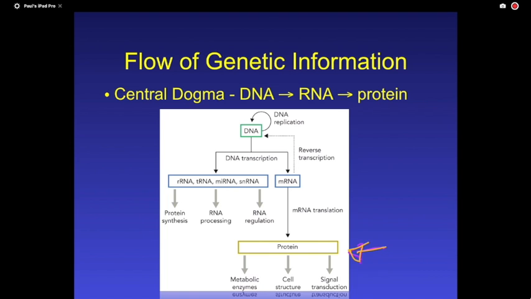But now we know gene product can be a whole host of things. Any entity that has biological significance that is derived from the DNA, okay, is essentially the outcome of a gene.